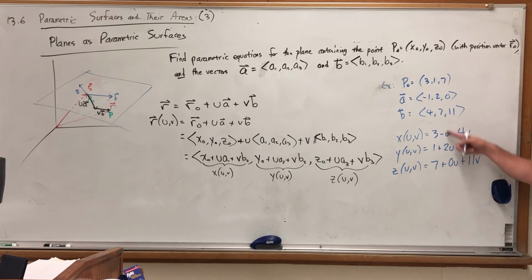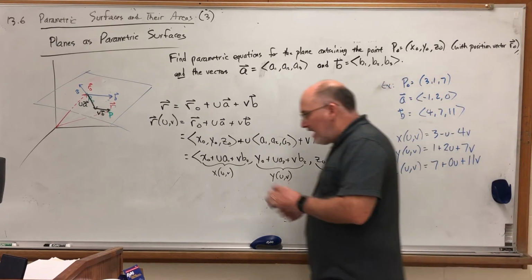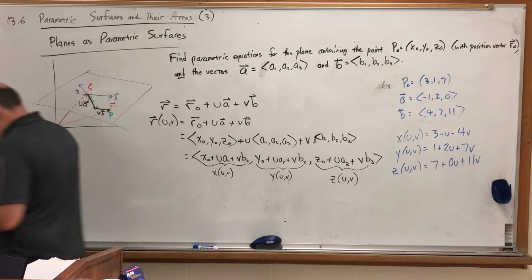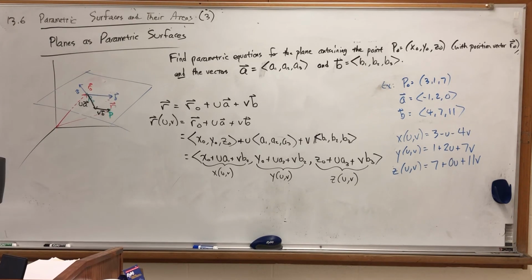Point, vector A, vector B. This reeks of how to write the equation of a line in parametric form when you have one point and a parallel vector. This is kind of the same thing. We just have two parallel vectors and therefore two parameters.